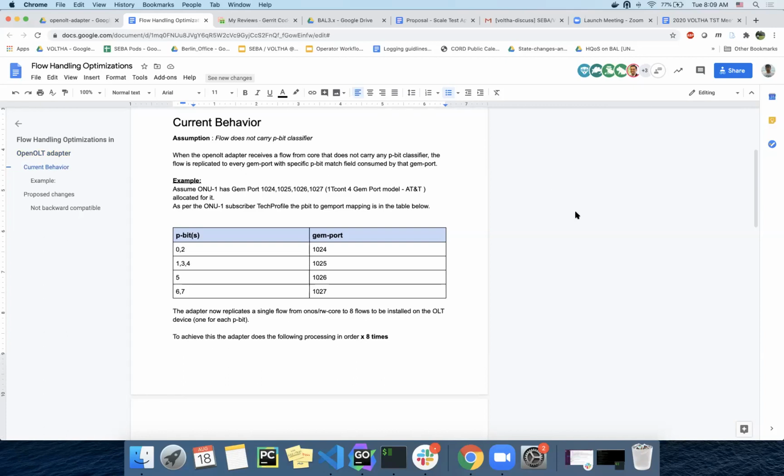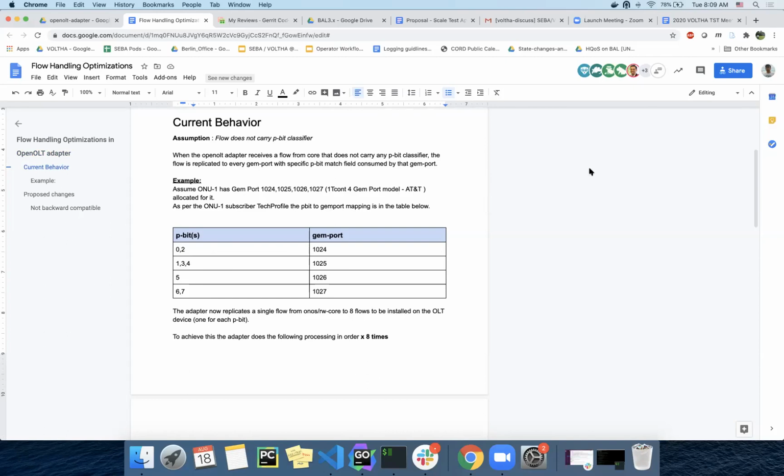The OpenOLT adapter would actually replicate this flow across all the gem ports. Let's assume that you have a 1 TCONT 4 gem port model. Let's assume that p-bits 0 to 2 are used by 1024, 3 and 4 by 1025, p-bit 5 by 1026, and p-bits 6 and 7 by 1027.